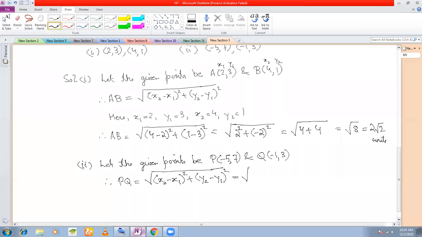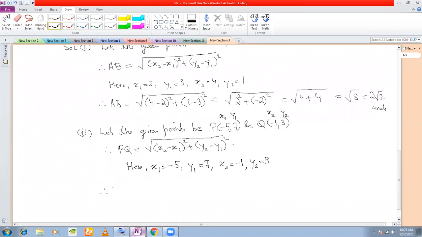Now let us see which one is x1, y1, x2, y2. Let us write it. This has x1, this has y1, x2, y2. So x1 here is minus 5, y1 is 7, x2 is minus 1, and y2 is 3.